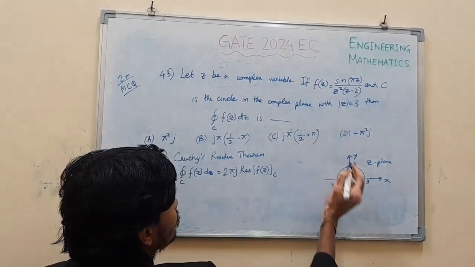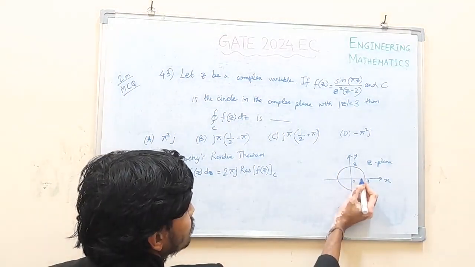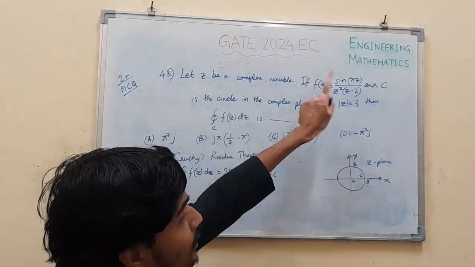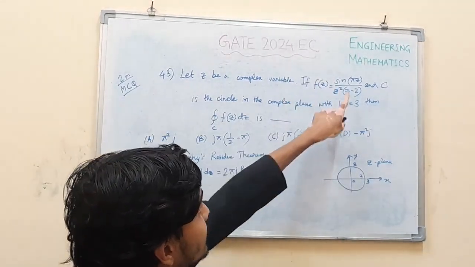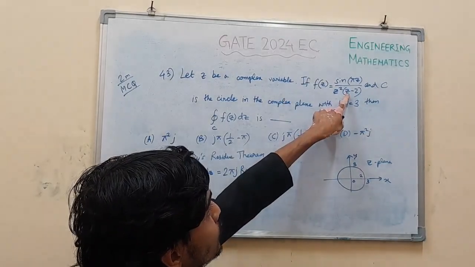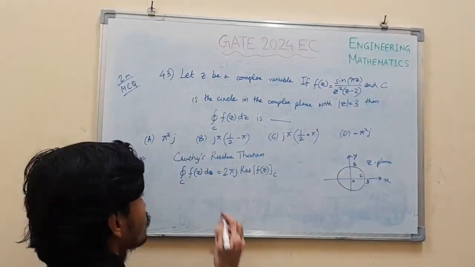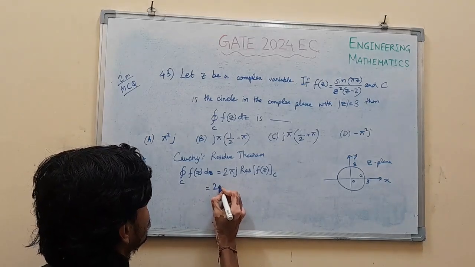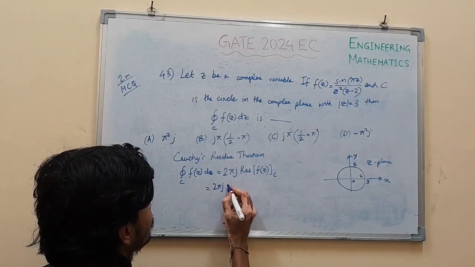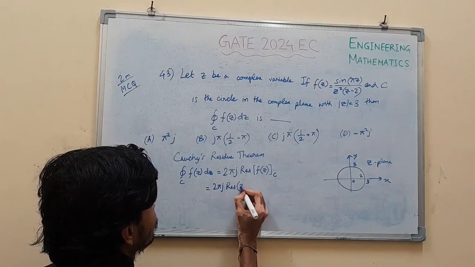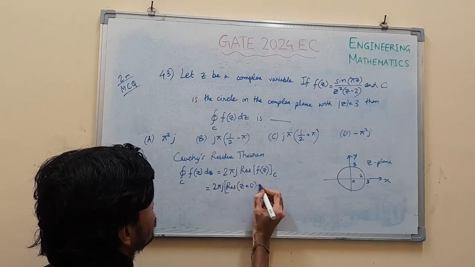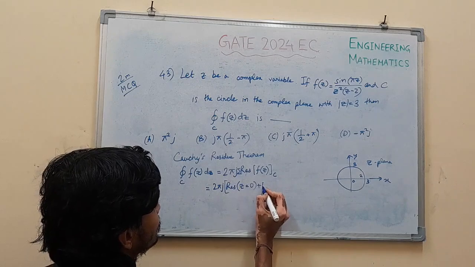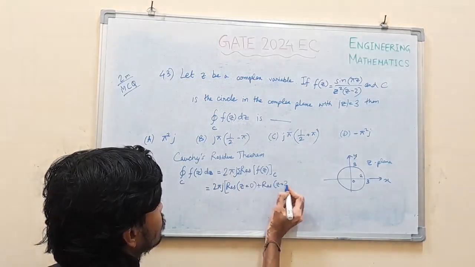And the poles are located where? Poles are at 0 and 2. Now at 0 we have a pole of order 2, while at 2 we have a pole of order 1. So I have to apply the corresponding formula: the summation of residue at z equal to 0 plus residue at z equal to 2.